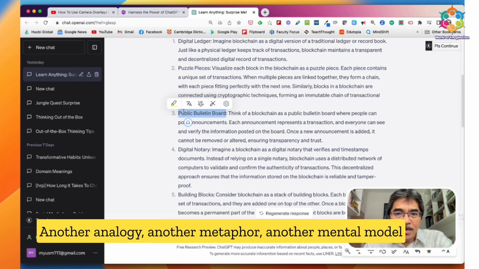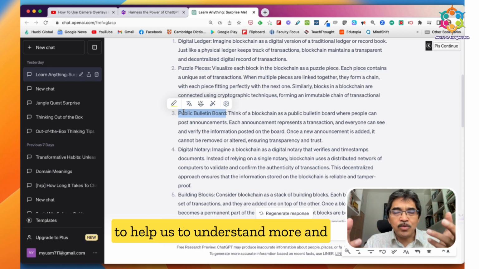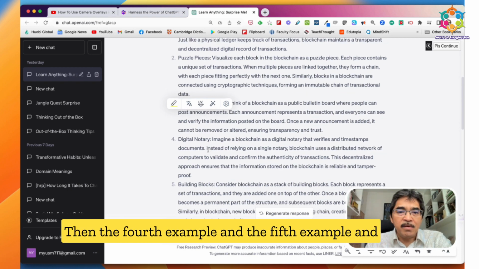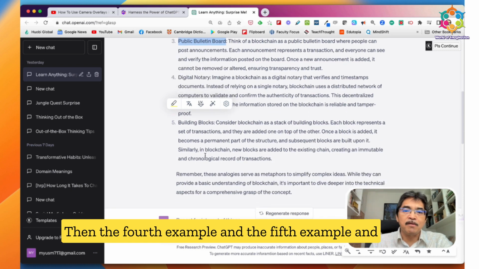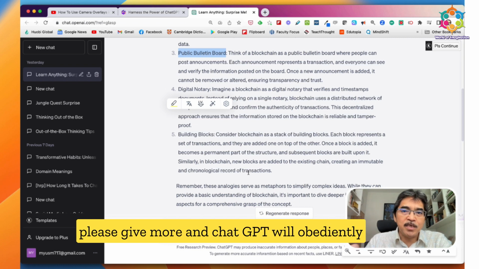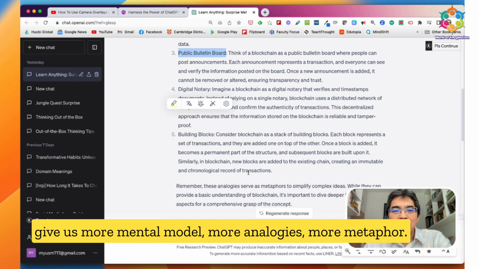Another analogy, another metaphor, another mental model to help us understand more and more what blockchain is about. Then the fourth example and the fifth example. And of course, we can ask for more from ChatGPT. Please give more. And ChatGPT will obediently give us more mental models, more analogies, more metaphors.